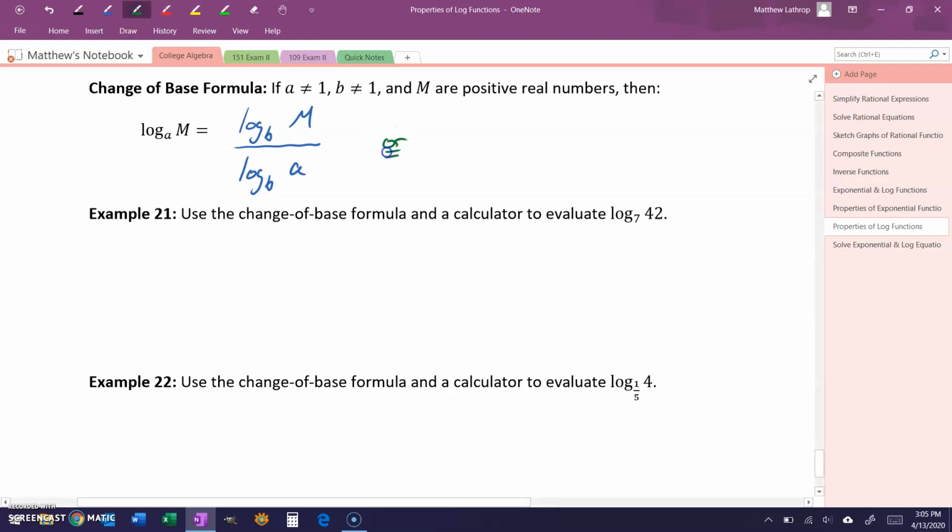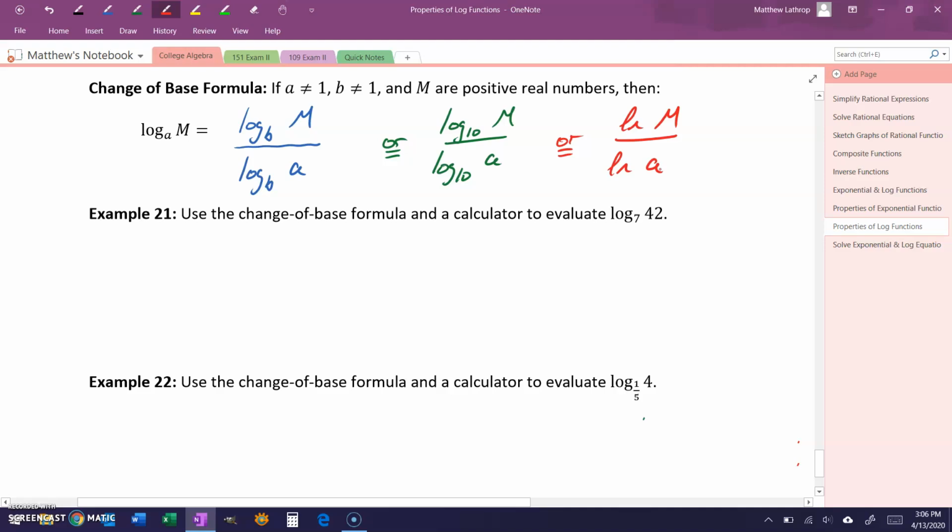This is most useful for converting things into a log base 10, because your calculator can evaluate things that are log base 10, or converting them into a natural log, because our calculator can also evaluate that for us.